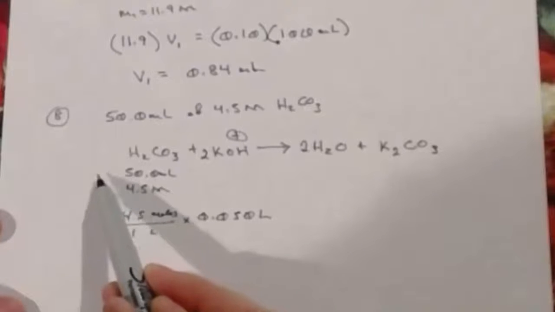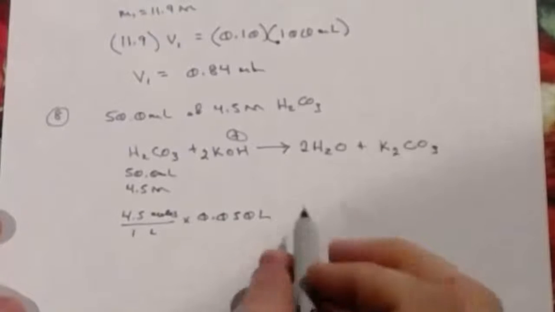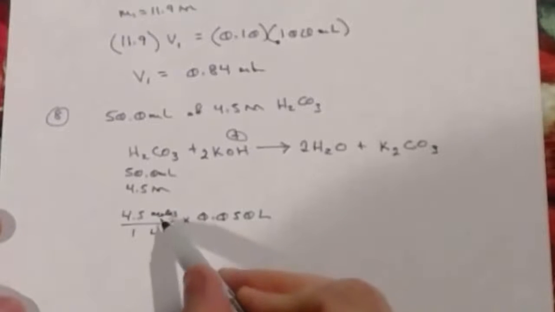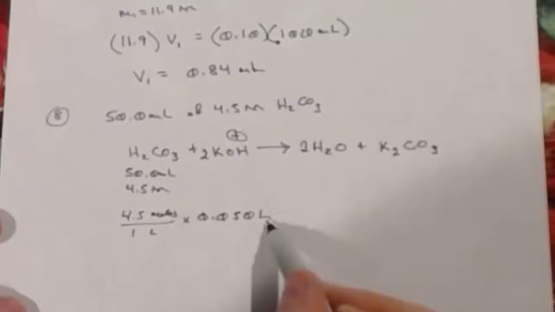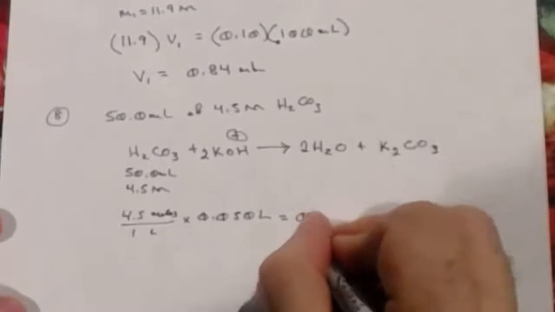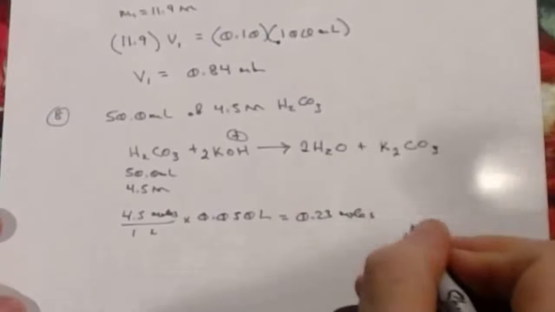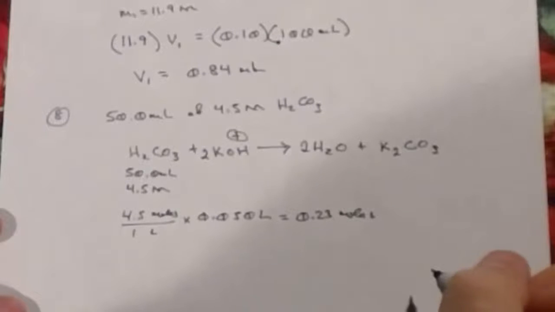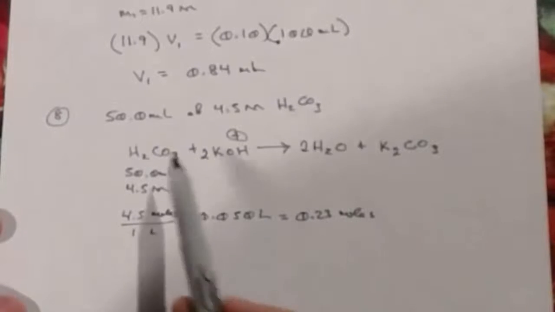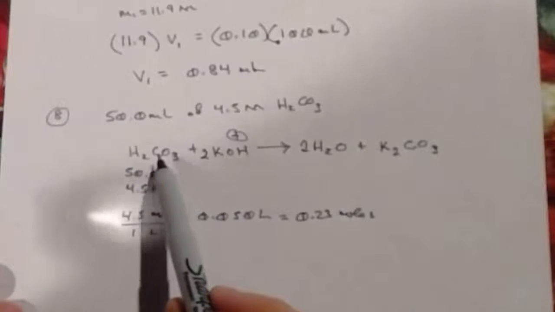You got a 0 to place hold. 0.050 liters is 50 milliliters. And we know that the molarity times the volume is going to produce the number of moles. And so here we have 0.23 moles of acid.